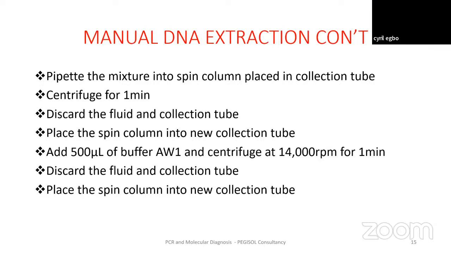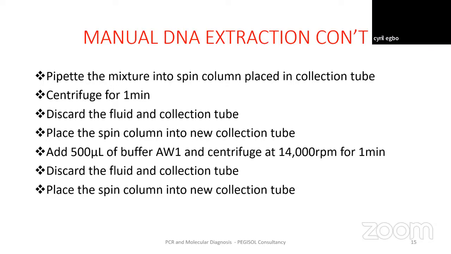Either you prepare the mixture into the spin column that is already placed in a collection tube, or you pour it into the spin column that is already placed in a collection tube. I think I showed us some pictograph of this collection tube and spin column.